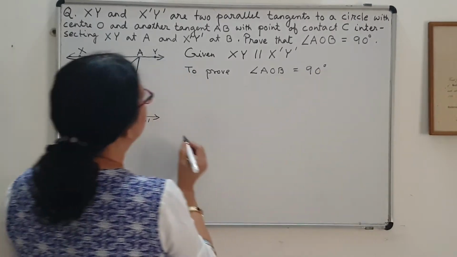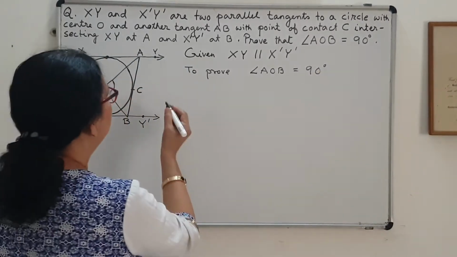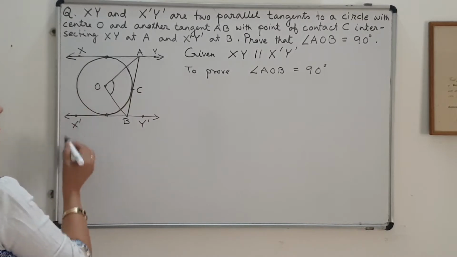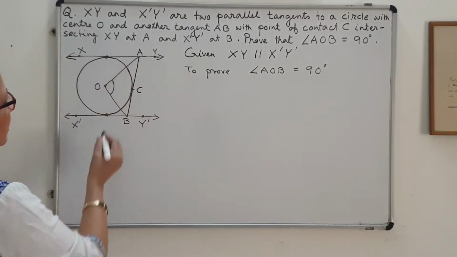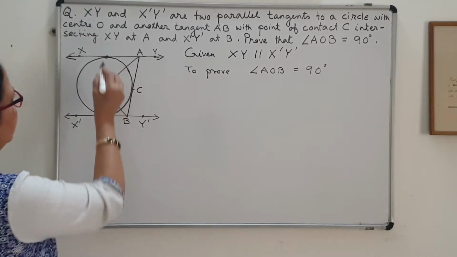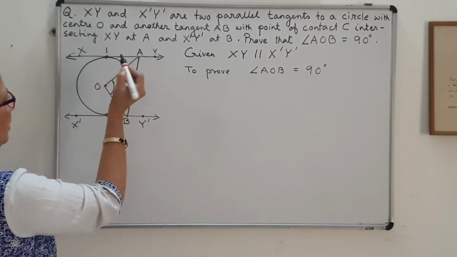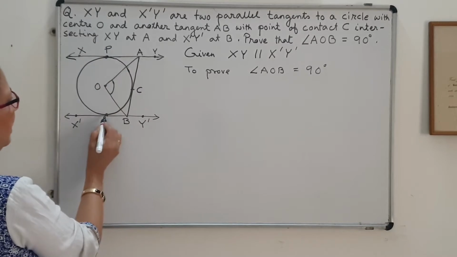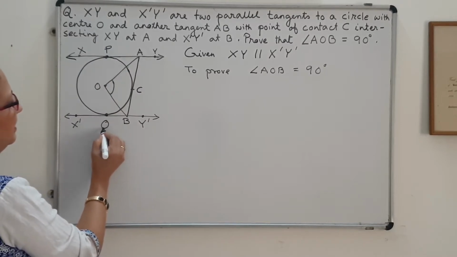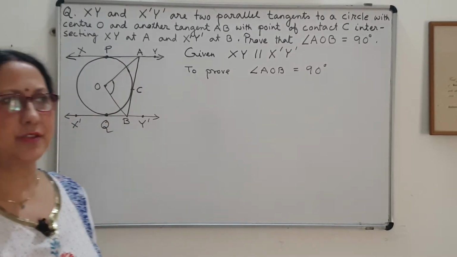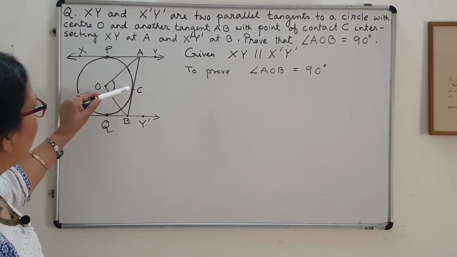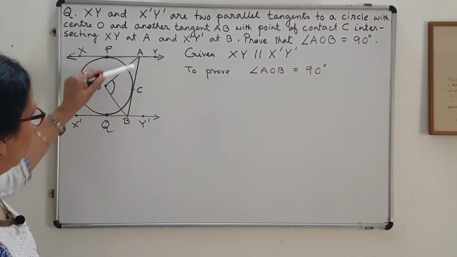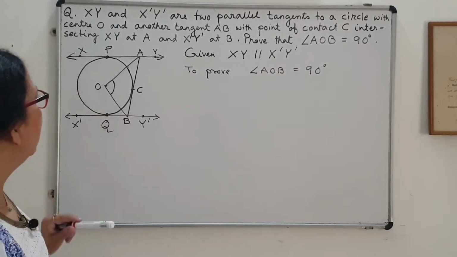So first let us mark the point of contacts of the tangent xy with the circle, say P, and let this point of contact be Q. This is the first thing, we have marked the point of contacts, and this point of contact of the tangent AB with the circle was already given.